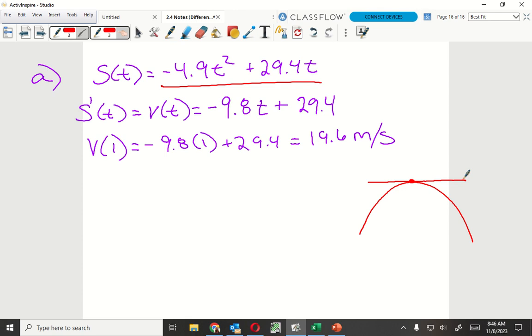Very good, the derivative. I want the derivative to be equal to 0. So on this one, I'm going to take my derivative, which is my v of t. So I want this to be equal to 0. So I'm going to say that 0 is equal to my negative 9.8 t plus 29.4.